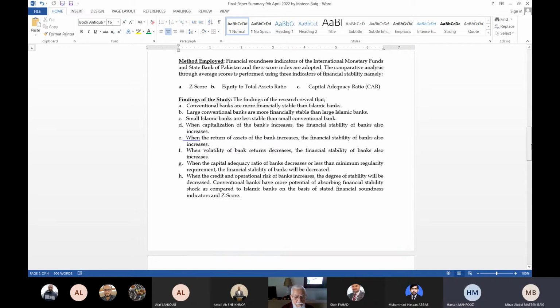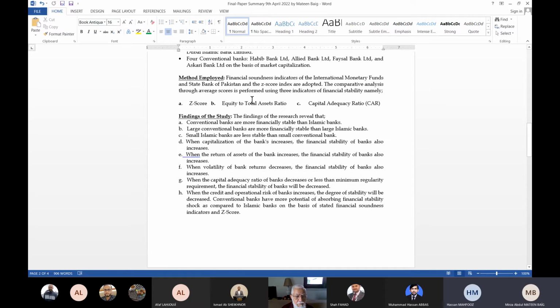The findings of the study are based on the method adopted by the authors, which is 3 methods. Number 1 is the Z score, number 2 is the equity to total asset ratio, and number 3 is the capital adequacy ratio. These 3 ratios are applied on the banks and the findings are discussed. The findings of the research, as mentioned by the author, are that conventional banks are more financially stable than Islamic banks.